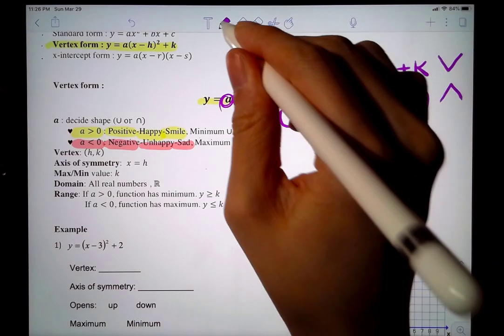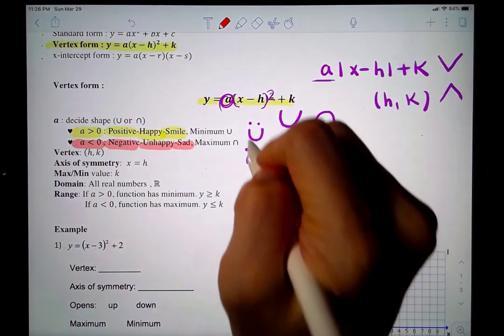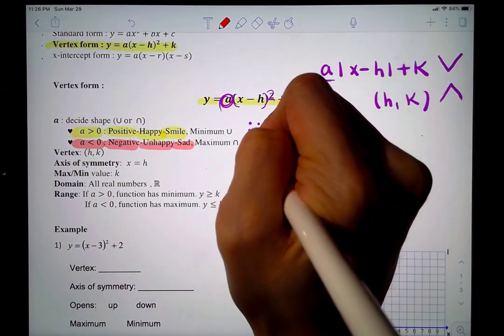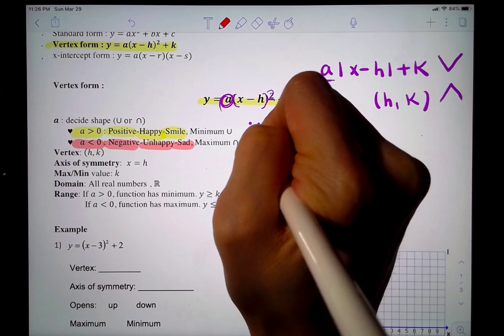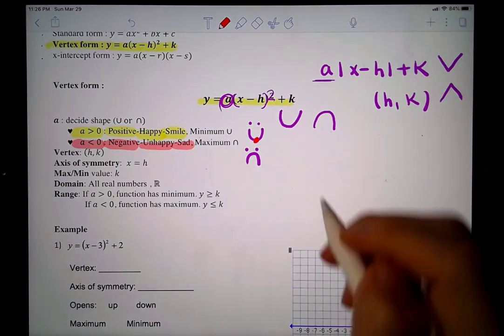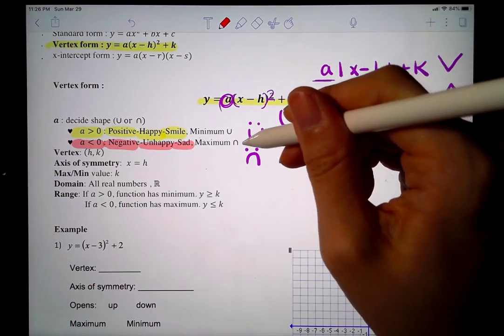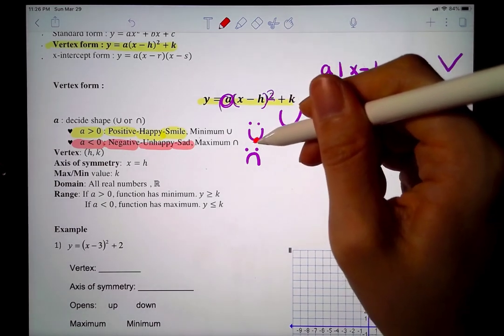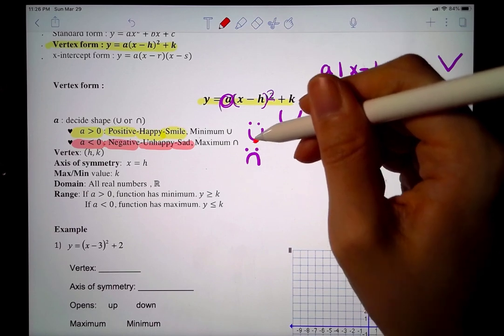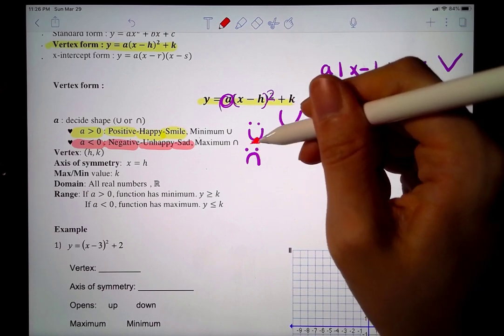Sad face. So it opens down, right? And then guys, look at this one. So when you have this opens up, right? Then look, that's your vertex, right? Vertex, that's on the bottom, right? That is on the bottom. No other point is placed lower than that one. So this is the minimum value.